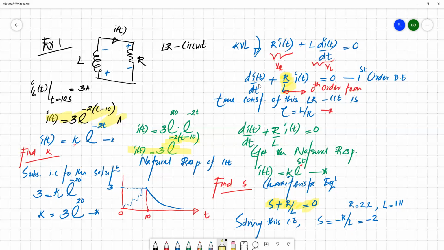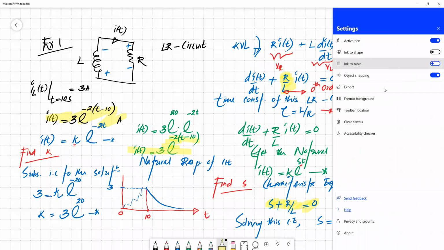But we know that from t equals 10 seconds onward, it behaves as an exponentially decaying function. So this is the natural response. We can get the exponent term by converting the original differential equation to the characteristic equation and solving it, and you can find the unknown constant k by substituting initial conditions into the circuit. Hope it's clear. So we'll move to another example.